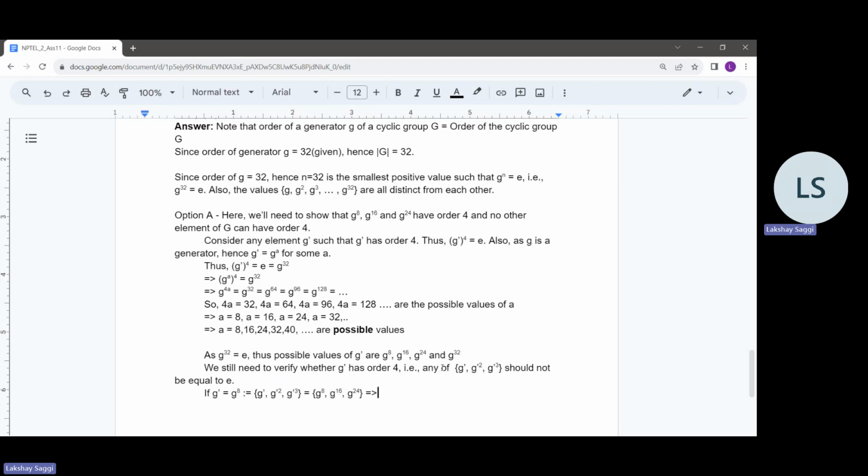And we know that g raised to the power 32 is the smallest value at which it is equal to E. And all these values are smaller than 32.